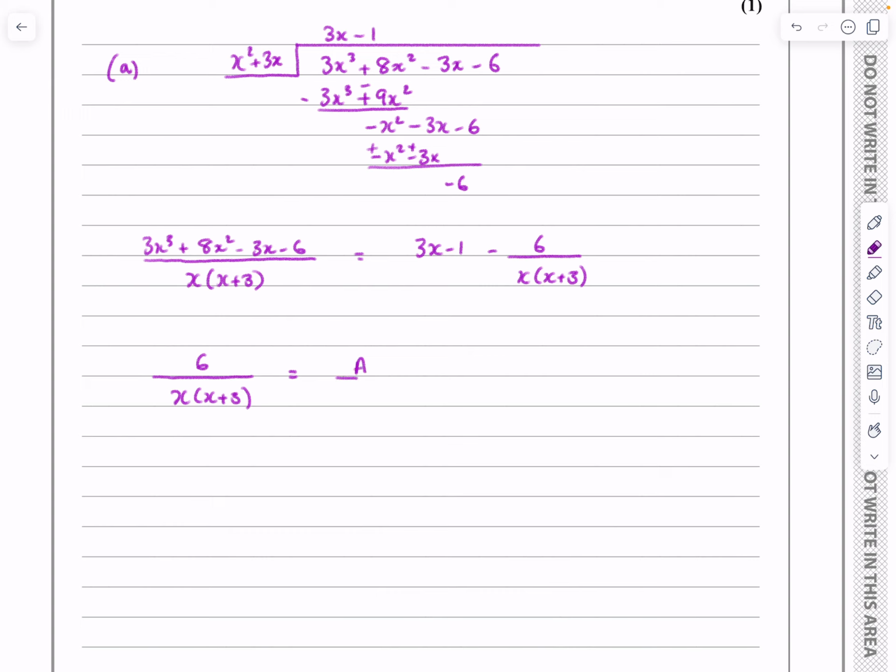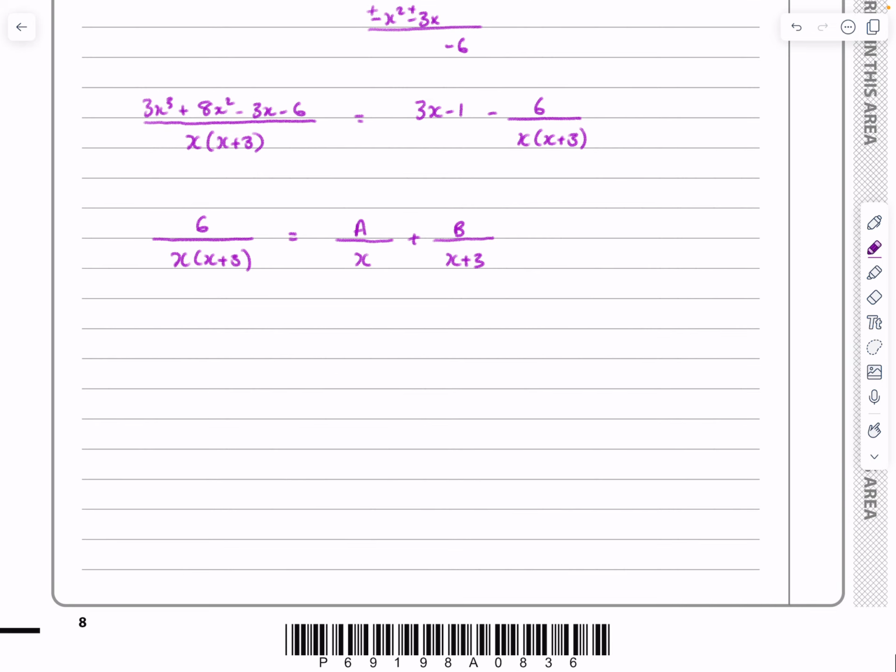If I split it up into partial fractions, it's A over x plus B over x plus 3, and this is just our classic standard partial fractions now. So we say A(x plus 3) plus Bx, all over x(x plus 3), is equal to 6 over x(x plus 3).